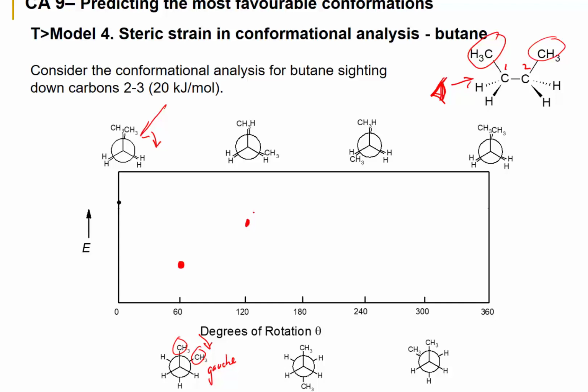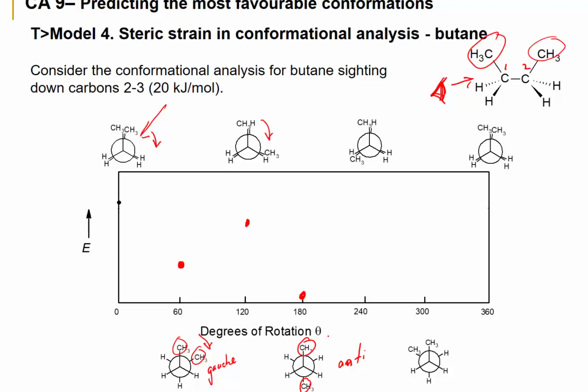I allow further rotation to occur, and we arrive at another staggered. And this is the staggered where the methyl groups are completely on the opposite side of one another. And so we call this the anti-staggered. And this, of course, will be of the lowest energy. Again, I don't have any numbers on my y-axis, so these are just relative energies.